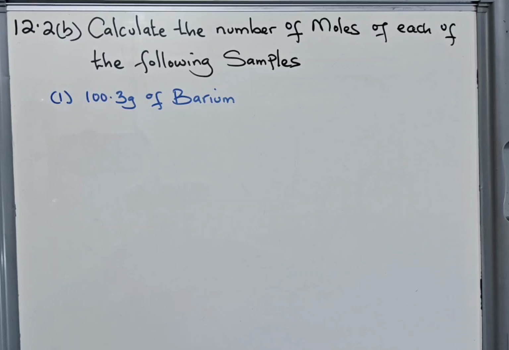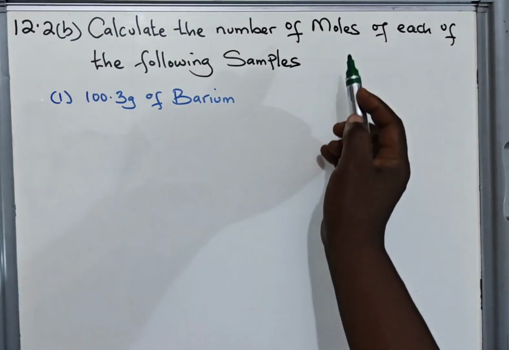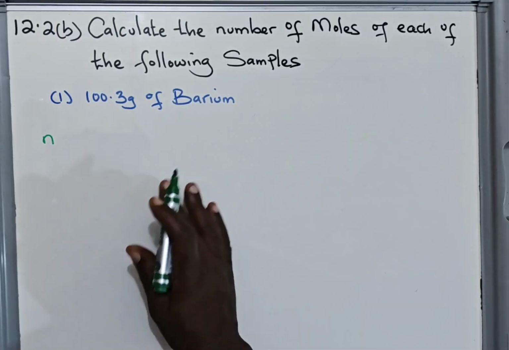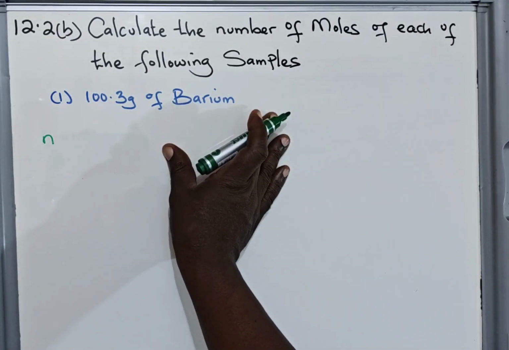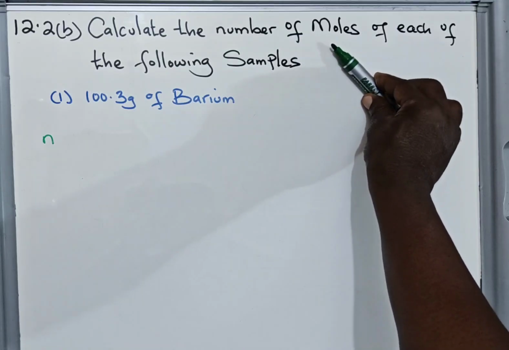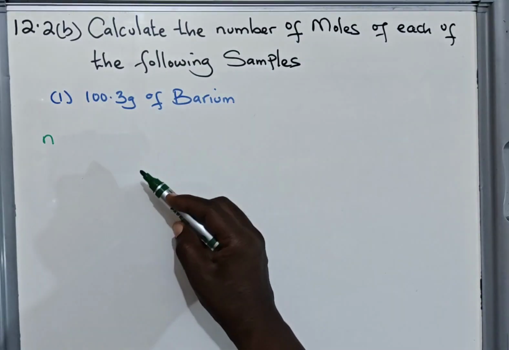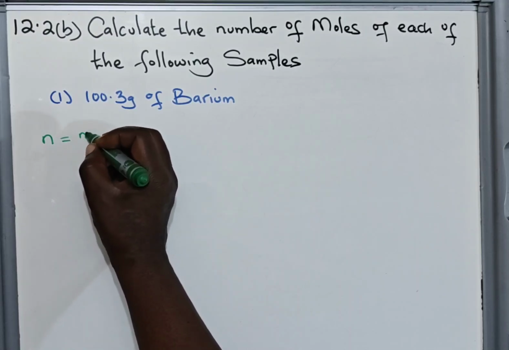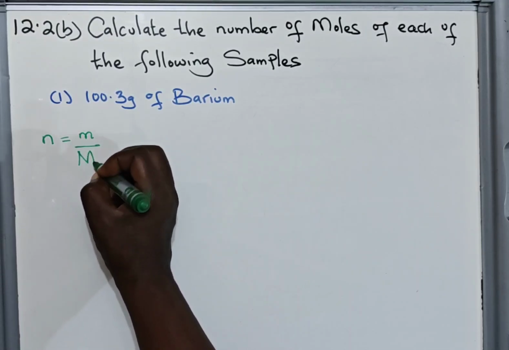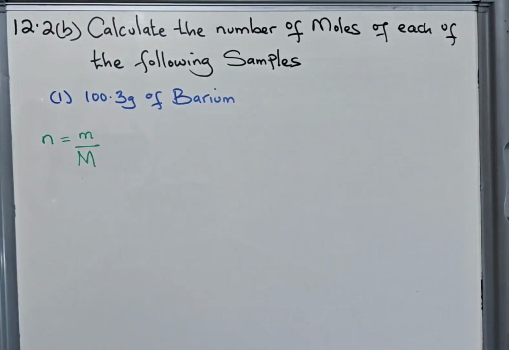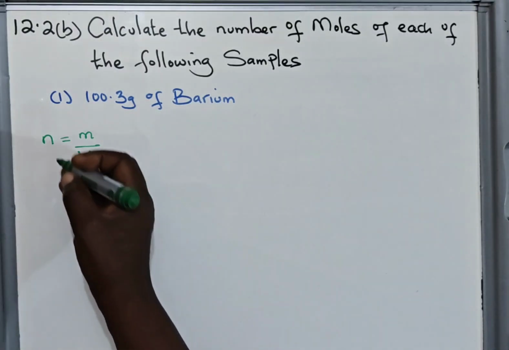The question is looking for the number of moles, which is N, and we are given mass. So you have to establish a relationship between mass and number of moles. That relationship is given by this formula: N is equal to mass over molar mass.